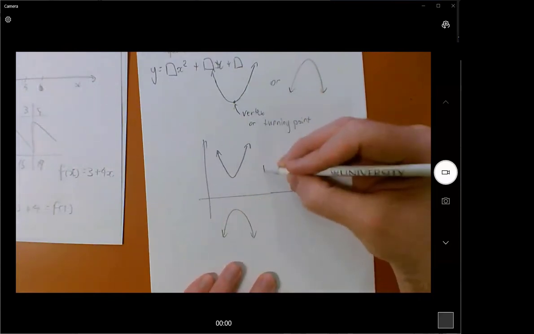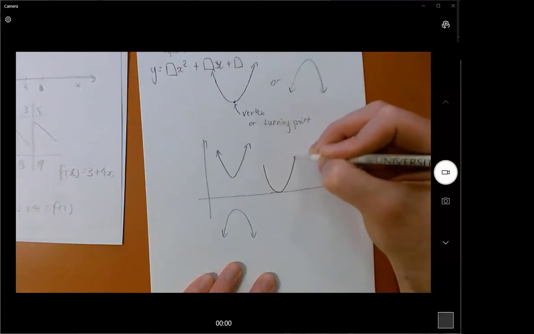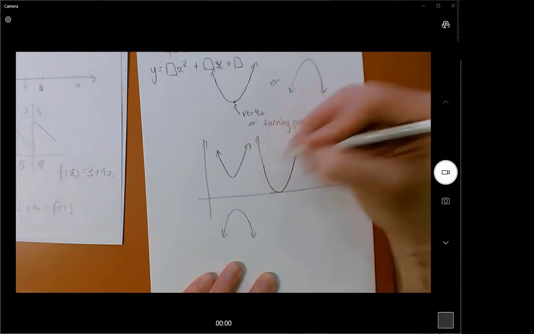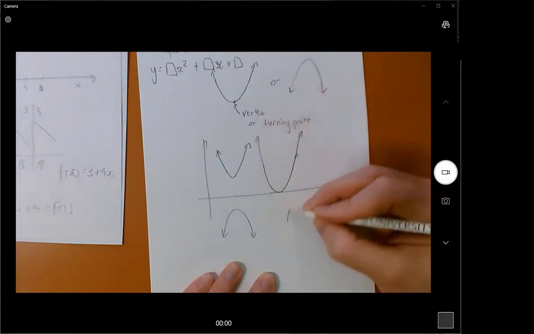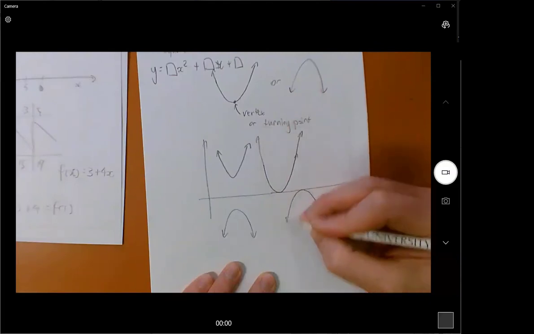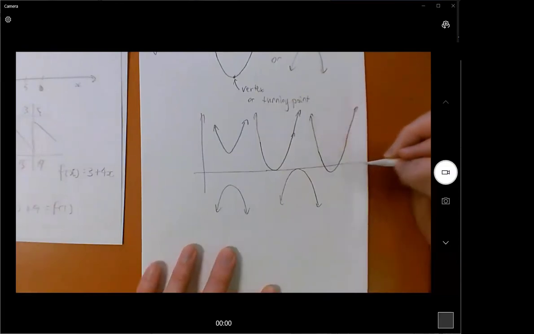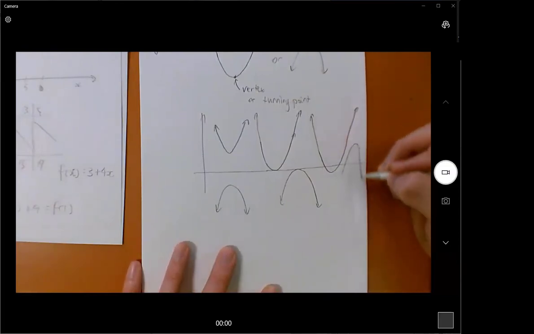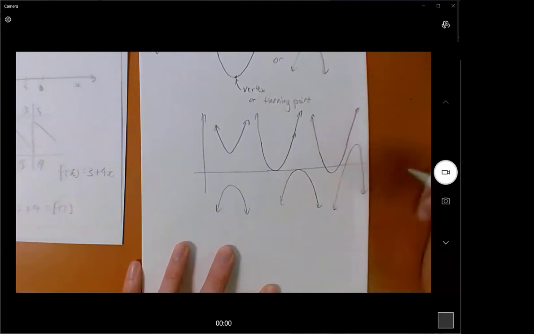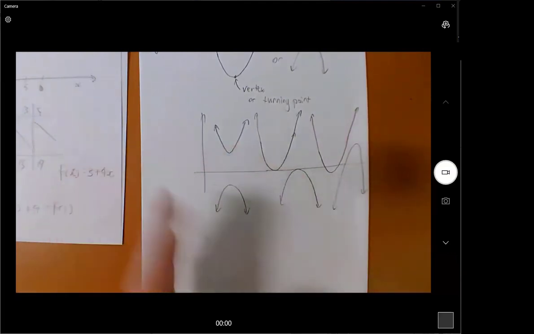Or it could be like this and meet it in exactly one point. Or it could meet it in 2 points. And those 2 points could be very far apart or very close together, and the curve can be narrow or wider. But suddenly, by being curved, there are all these different options for what could happen.